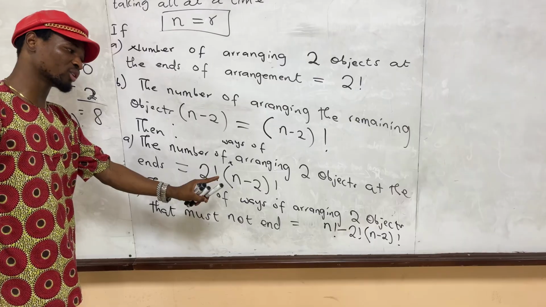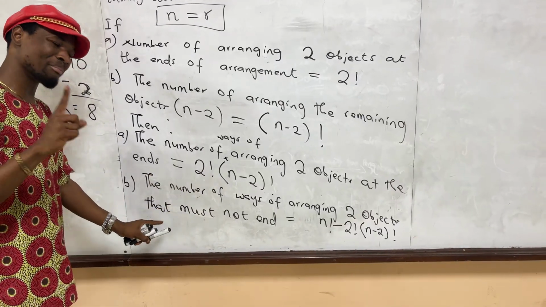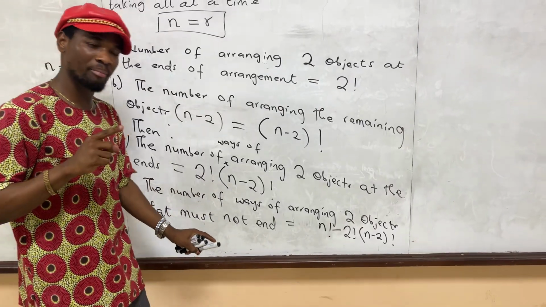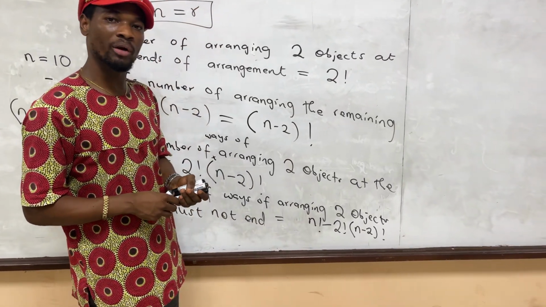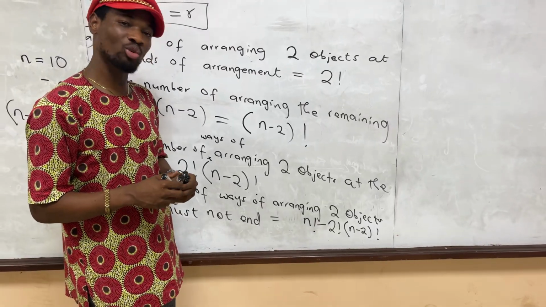Then the number of ways of arranging 2 objects that must not end is given by n factorial minus 2 factorial times n minus 2 factorial.